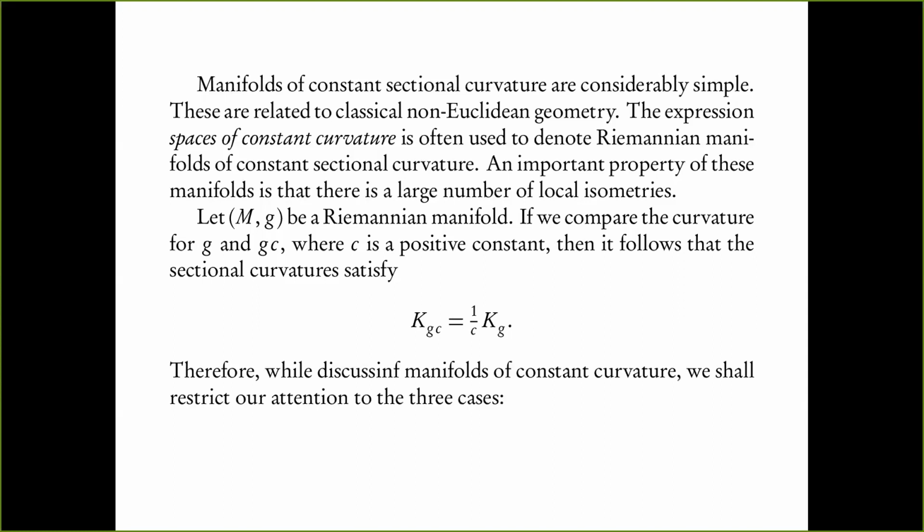So that's the point: we'll only be focusing on manifolds of constant sectional curvature, or constant curvature as we introduced, and we are going to assume that these numbers are either minus 1, 0, or 1, simply by rescaling the metric. Is that okay? So from now on, whenever we talk about constant curvature spaces, these are of constant curvature k equal to minus 1, 0, or 1. All right. Any questions?